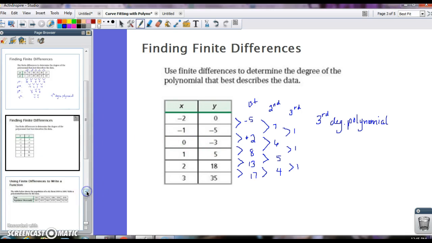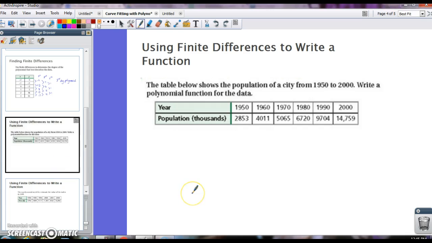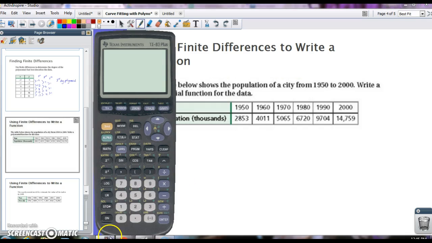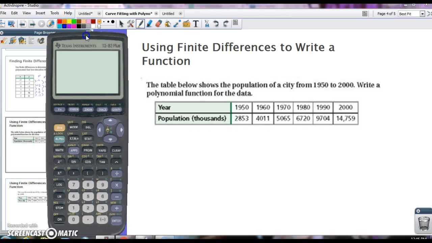The next part is actually taking the data, figuring out what degree polynomial it would be, and then finding an equation for the polynomial. So here's where you're going to need your graphing calculator. The first thing that we want to do is to make sure that we can find the difference, and to do that we need to make sure that our change in x is constant, and in this case it is.